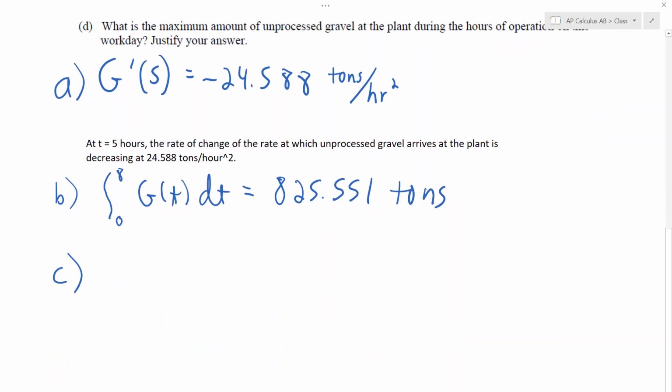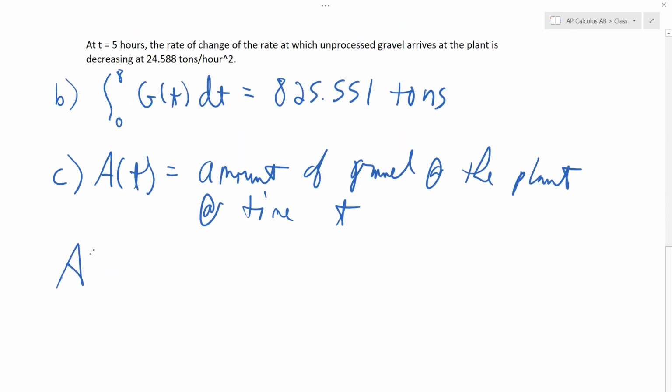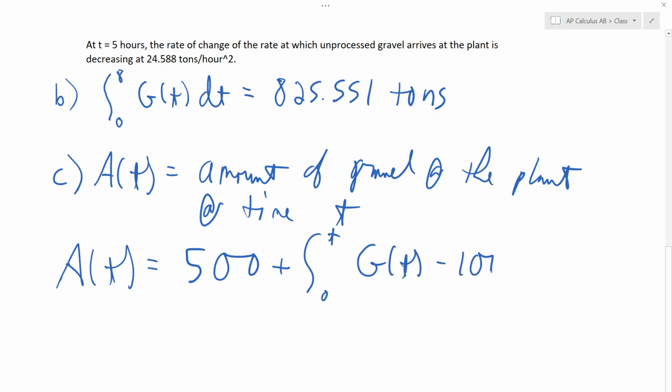But if I were you, I would say A of T is the amount of gravel at the plant at time T. Then I'm going to build the function. A of T has to equal the amount that was there, that we know, plus the change, which is the integral of the rate in minus the rate out, which is G of T minus 100. That's A of T.